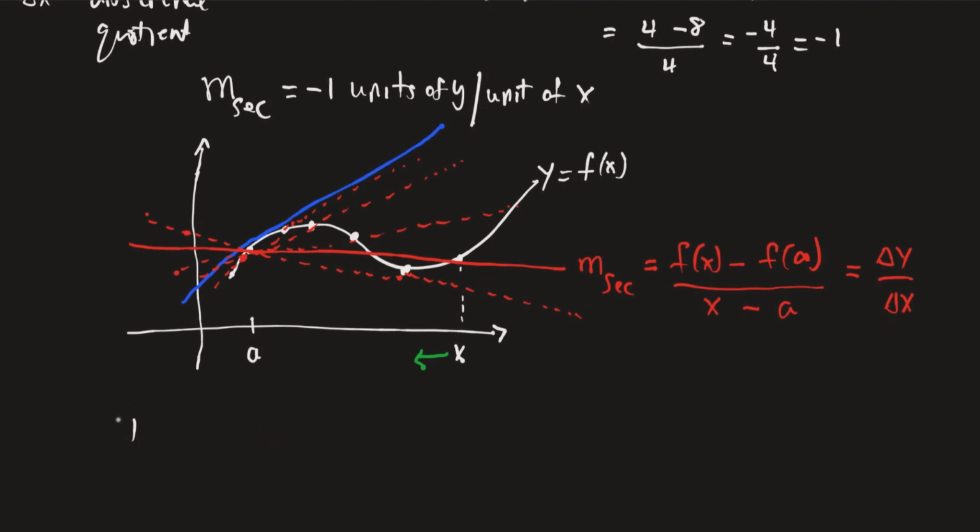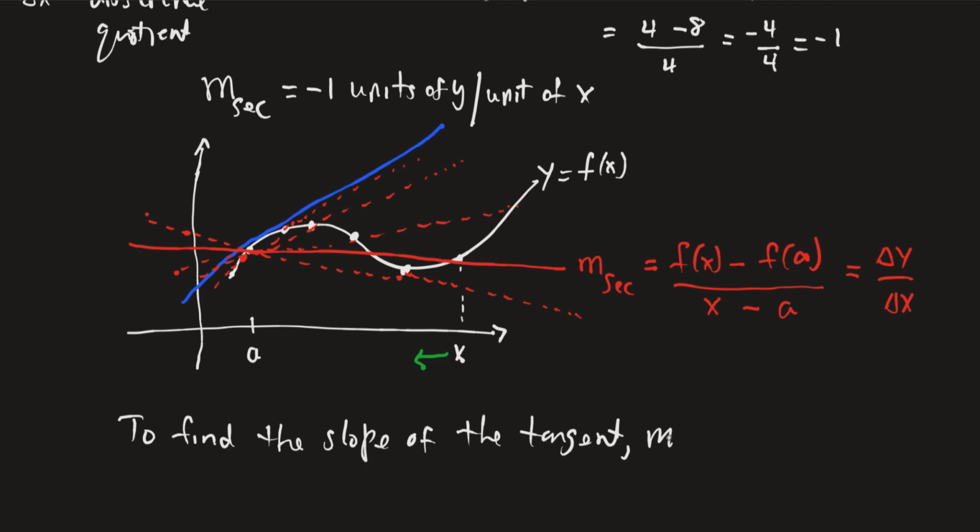So to find the slope of the tangent line in blue, here is the notation for the slope of tangent. So I'm still going to use m, but I'm not going to use this SEC subscript.